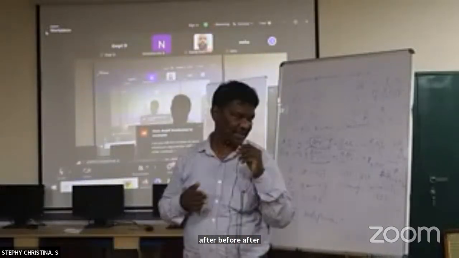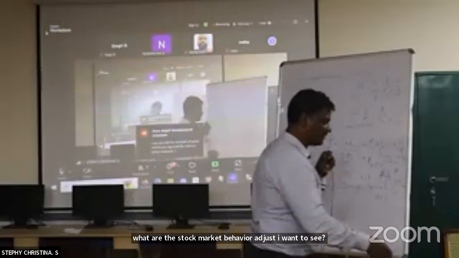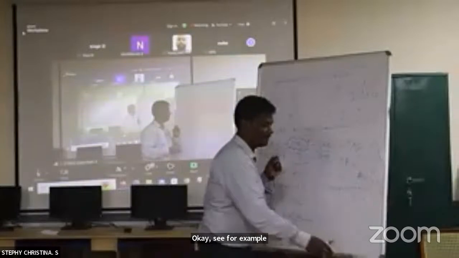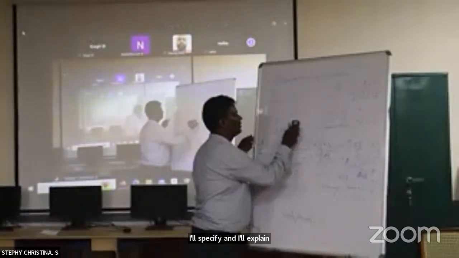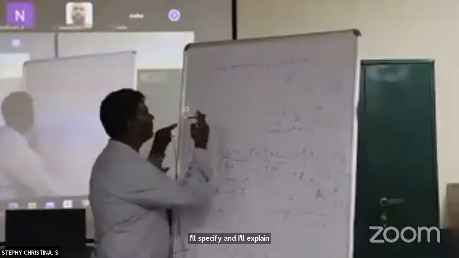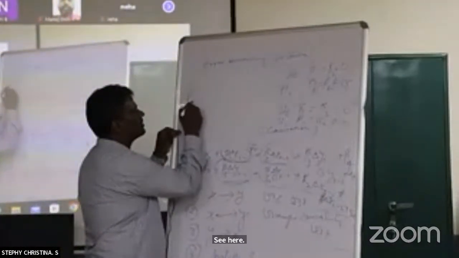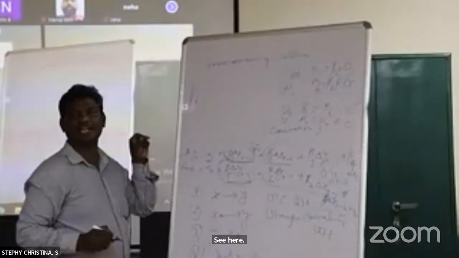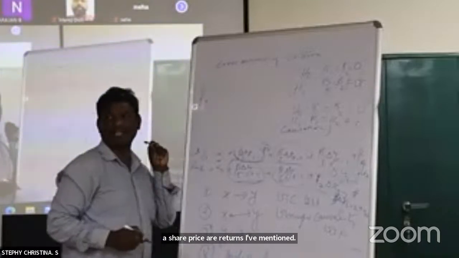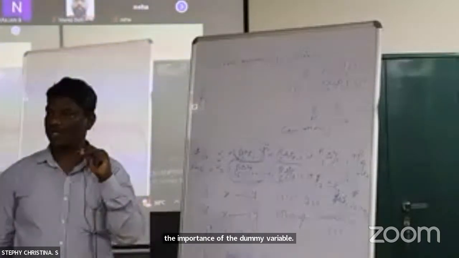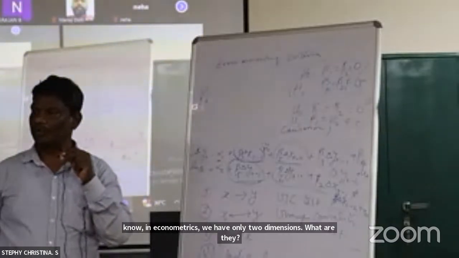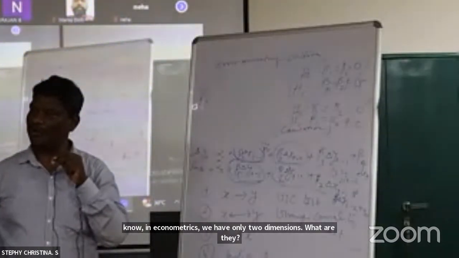For example, I'll specify and explain. Let's say the returns, or share price or returns I have mentioned. The importance of the dummy variable: in econometrics, we have only two dummy values, 0 and 1.